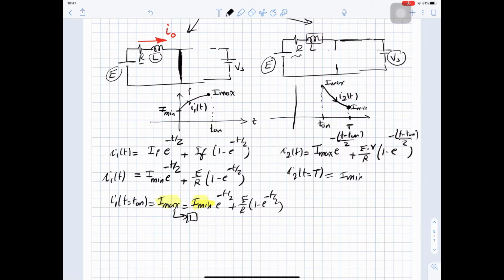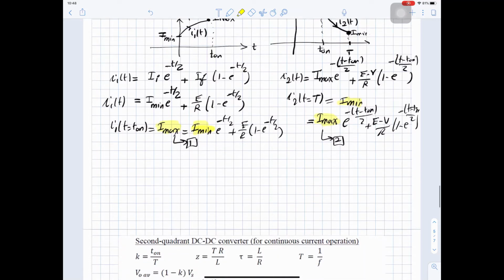So at time T, the value is I minimum, which equal to I max e^(-(T-T on)/tau) plus E minus V divided by R (1 - e^(-(T-T on)/tau)). And this is the second equation. And this equation also is an equation in I minimum and I maximum.